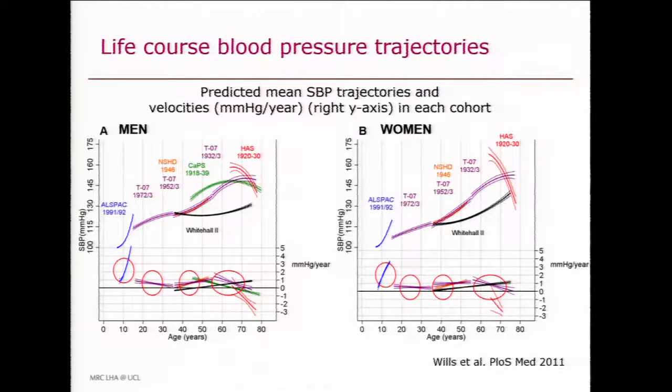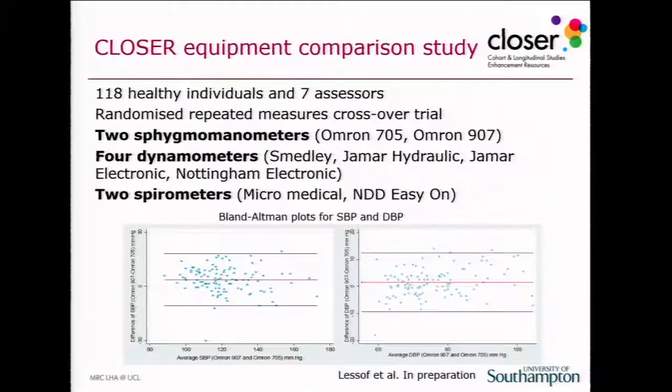We had studies that covered different but overlapping periods of the life course. Because of potential cohort differences, we focused particularly on the rates of change, that's the acceleration, which you can see down here at the bottom, and identified 4 different periods of change. I'll talk more about this in the cardiovascular session.